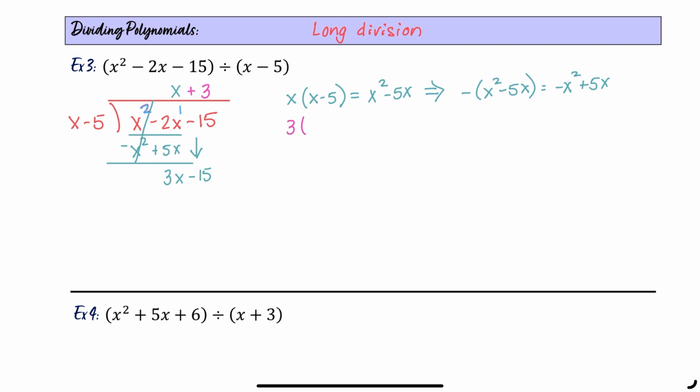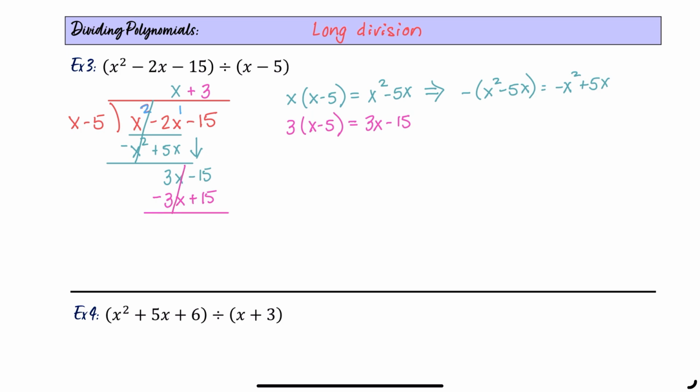Then I'll come over here and complete my multiplication process. 3 times x minus 5 is 3x minus 15, but I have to subtract that, so that will become a negative 3x and a positive 15, and I will go ahead and subtract.